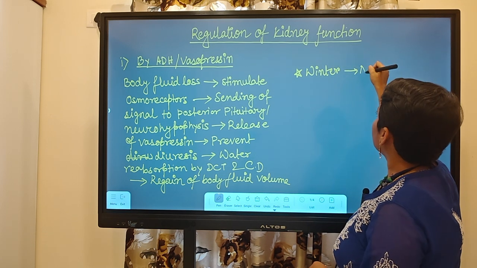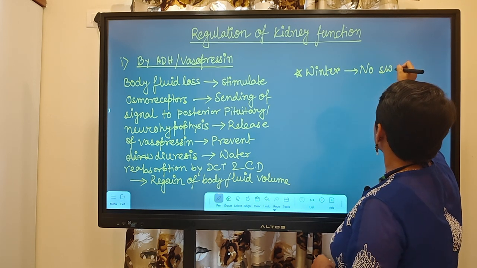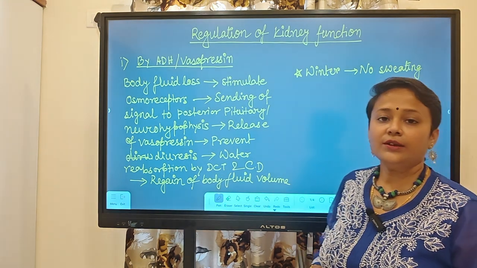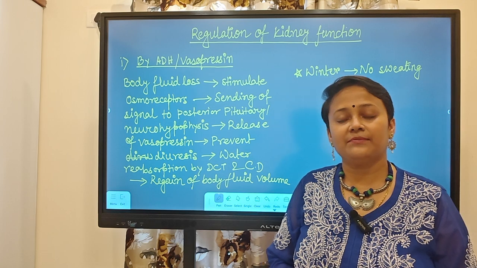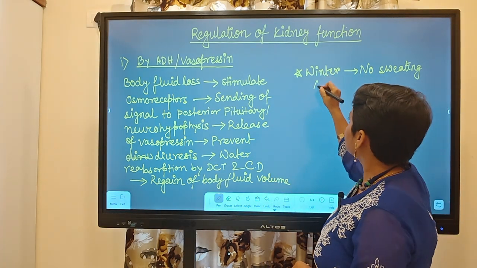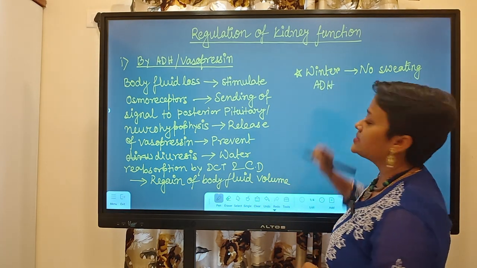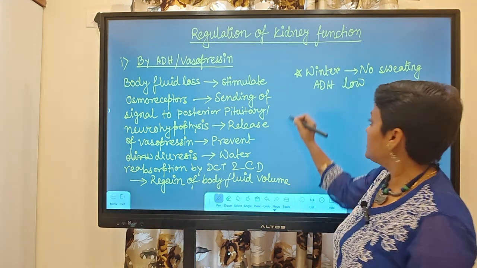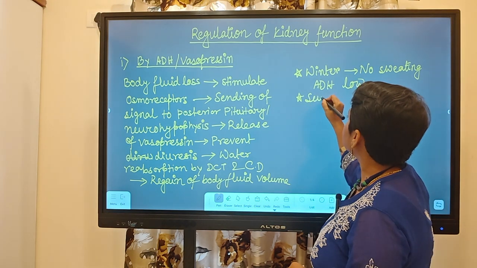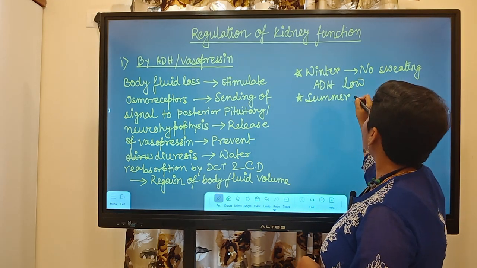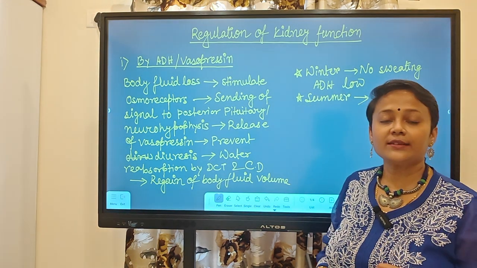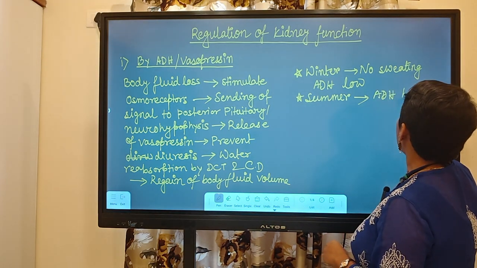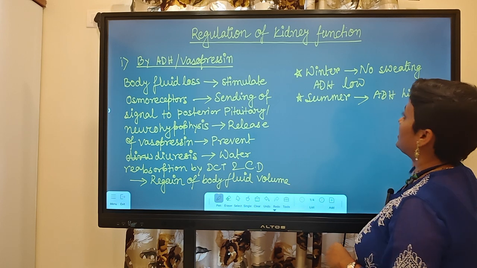Now a few points I have to tell you. In the winter season, as there is no sweating, body fluid loss is minimum. That's why the amount of ADH in blood will be low. But in summer, as there is body fluid loss through sweating, ADH will be high in amount in blood.